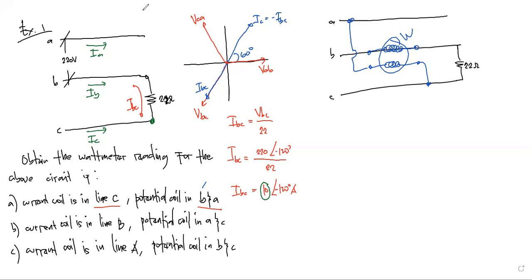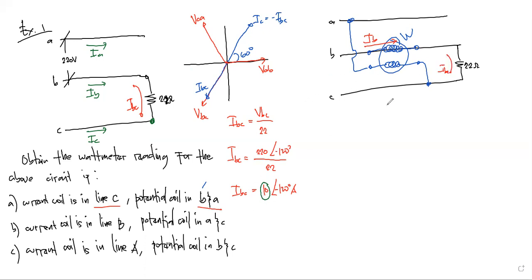This is line B, I'm sorry, it's IB, and the potential coil will indicate voltage A to C, and then this would be IBC, as indicated.